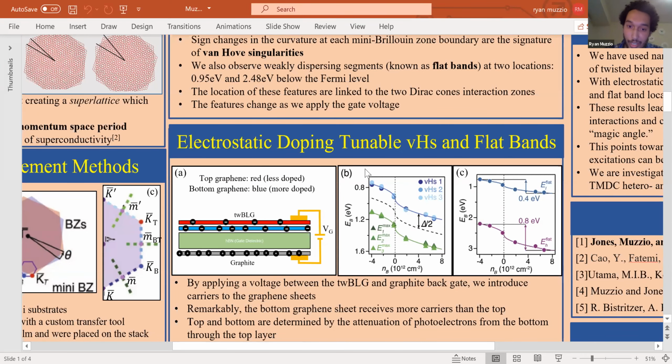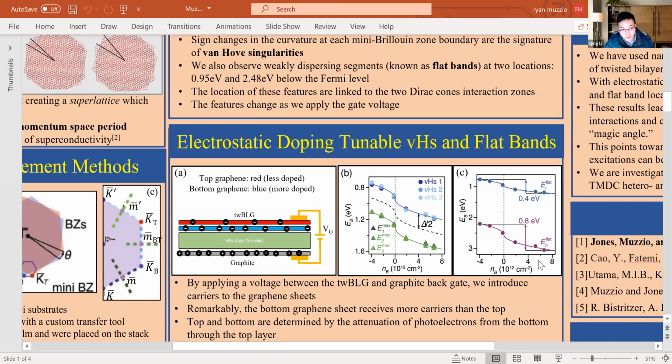So here you have the location in energy of the Van Hove singularity as a function of gate, and here you have the location of the flat band as a function of gate. Effectively, at a single gate voltage, you take a spectrum using ARPES, and then you can extract parameters like the Van Hove singularity and flat band as a function of carrier concentration or gate voltage.